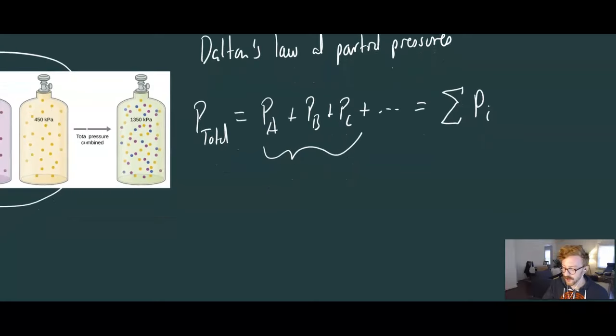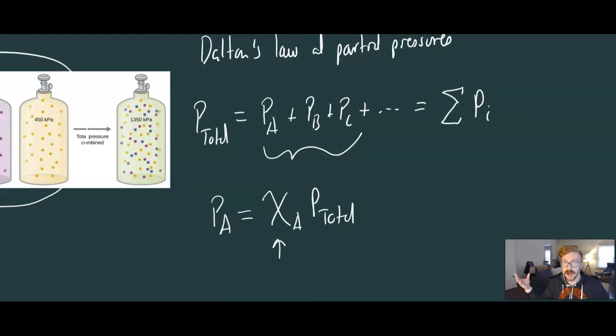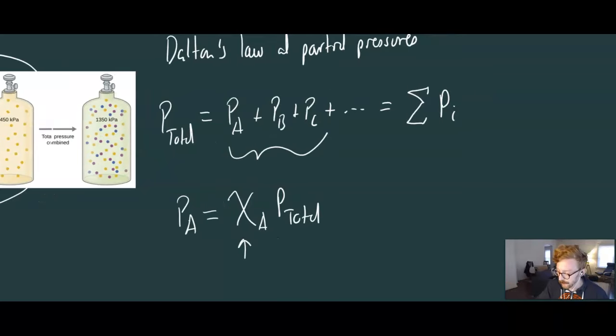Also worth noting is, if we have a mixture, how do we denote the partial pressure if we only know the total pressure? We accomplish that with something called the mole fraction. So it's chi sub A multiplied by P total. The mole fraction represents the amount of the gas in moles over the total moles of gases in the mixture.